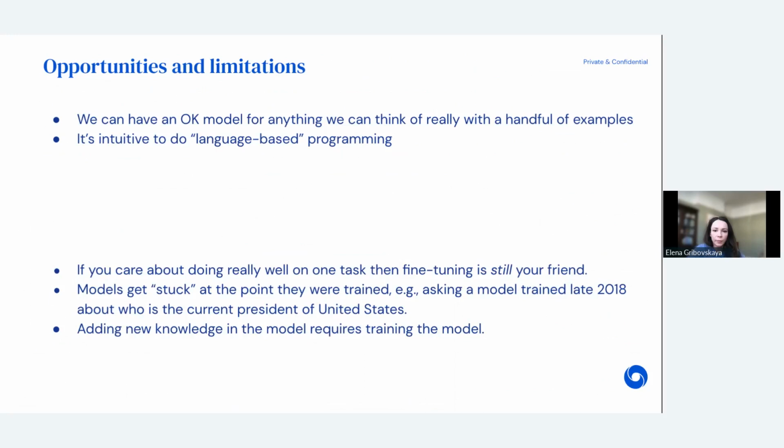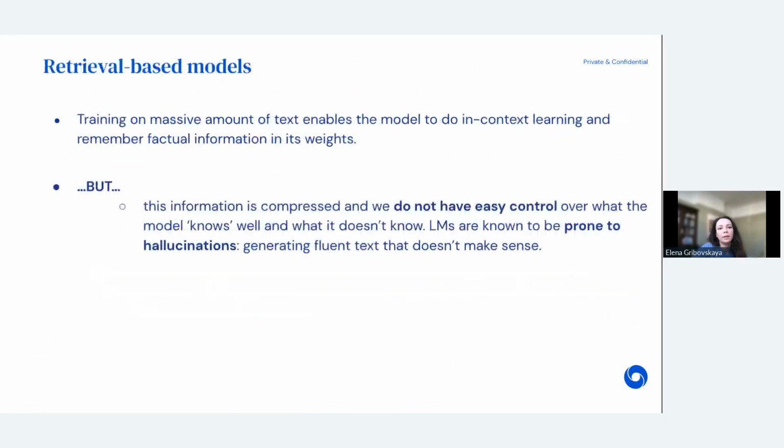This also means that the model essentially gets stuck in time, because there is no other way to update knowledge in its weights without retraining. And this leads us to our next topic, retrieval-based models. I just wanted to ask if there are any questions so far.